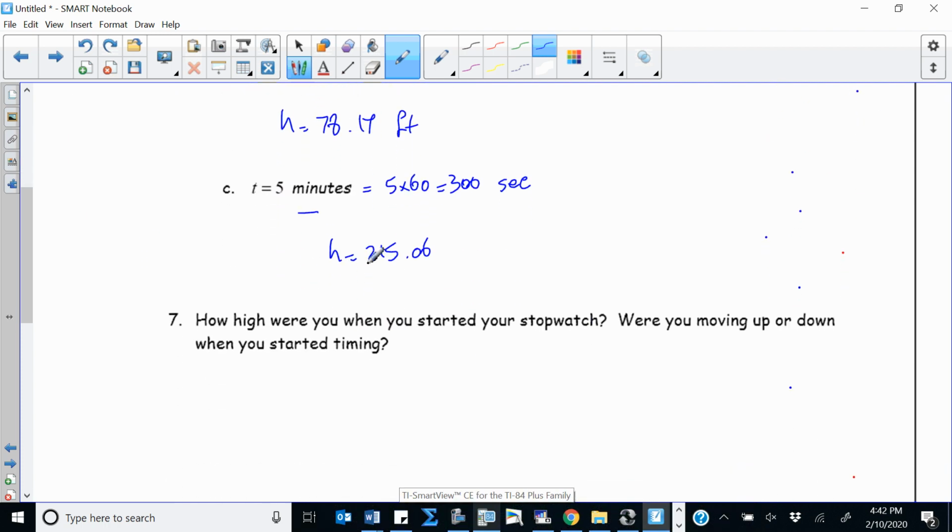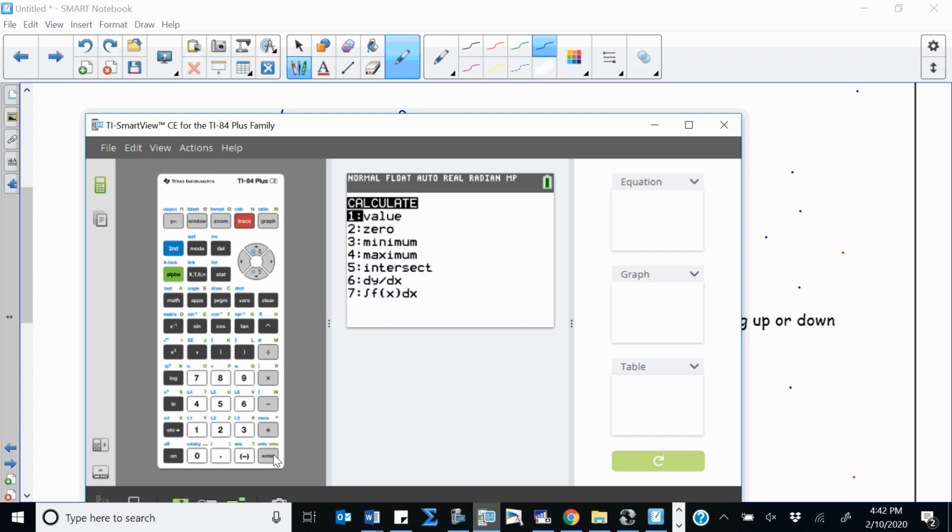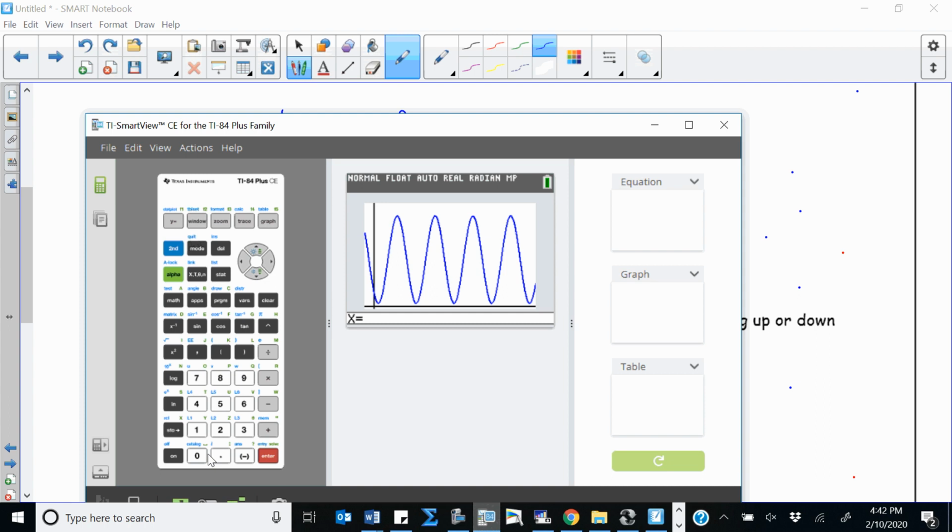Okay. Next one says, how high were you when you started your stopwatch? When I started my stopwatch, actually the time was 0. So it's right here. When time was 0, what was my y value at that point? So again, I'm going to do the same thing. Second trace value. This time for x, I'm going to enter 0.